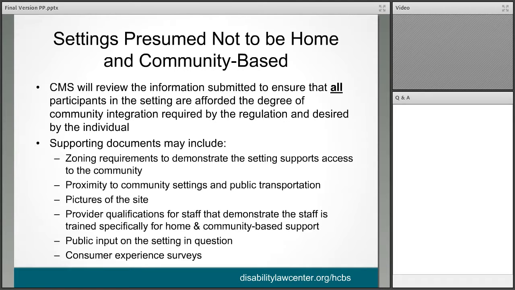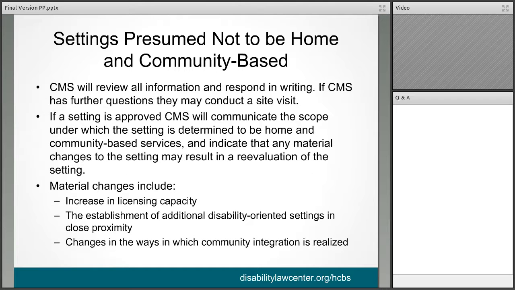And then finally, the CMS and the state can submit consumer experience surveys. Because the rule is supposed to be judged from the perspective of the consumer in the setting, they're actually going to be looking at how the consumer is experiencing the setting.